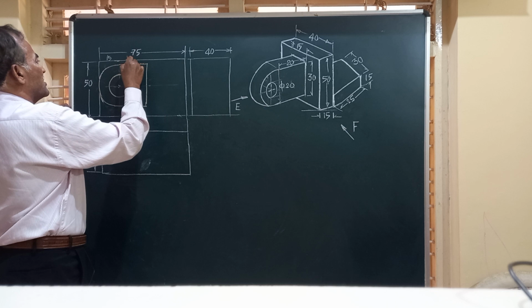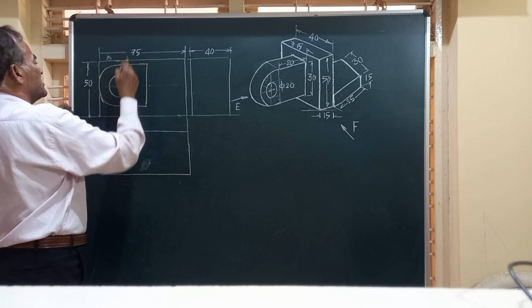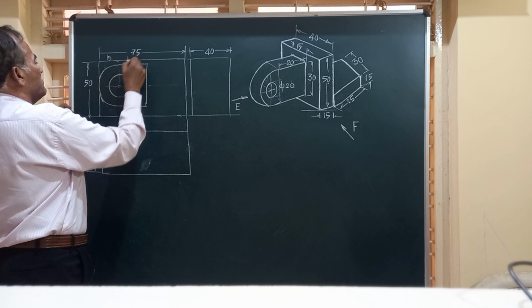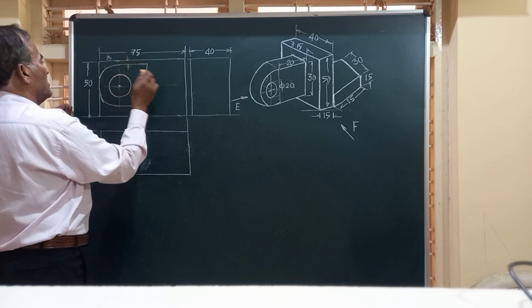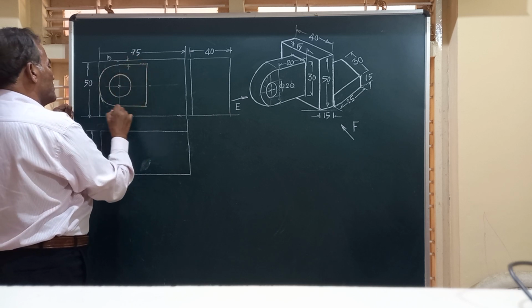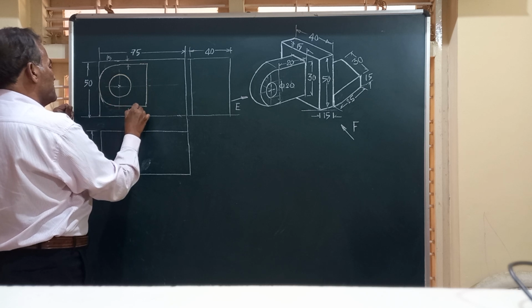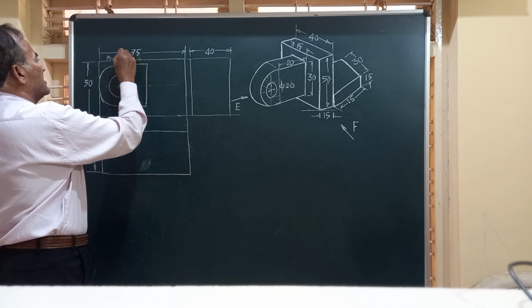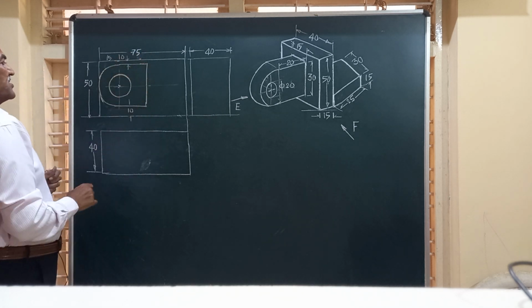I will mark it here because it has not come to scale. This is 50, this is 30, and this is 10 mm each, so 10 at the top and 10 at the bottom. Even though it is not proportionate, we write it here. I have marked it as 10 millimeter, friends.